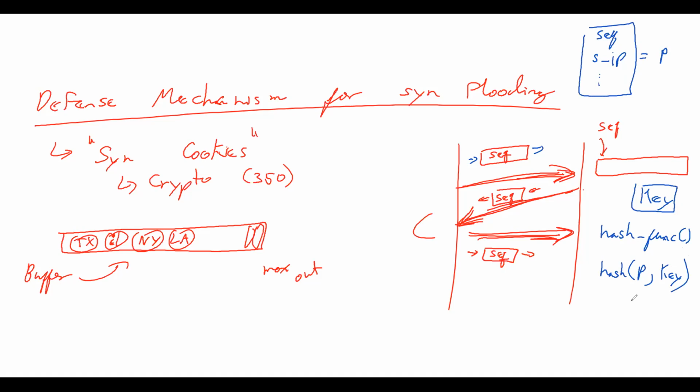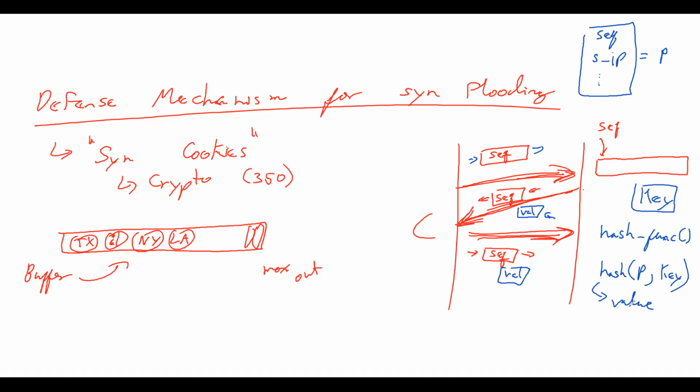And then that hash value can be sent as the sequence number, because in the handshake, with the acknowledgement and the sequence number, you can provide a value, and you usually do in the protocol. It's sent back to the client, and then the client sends that value back to you.